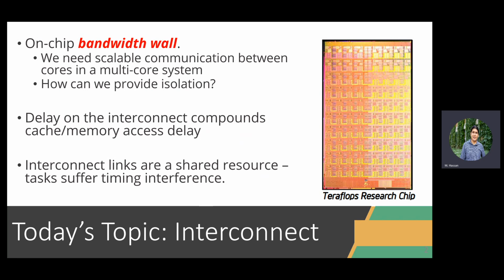If you look into chip design, the problem is that in the most modern multi-core platforms, including the ones in your laptop, in your mobile phone, in a car, in avionics, it doesn't really matter, we have what we call a bandwidth wall. What does it mean?